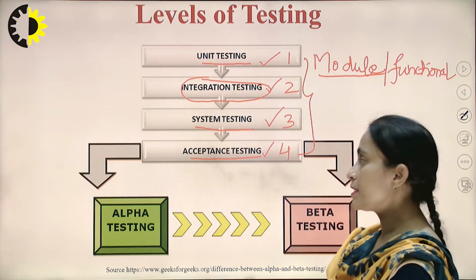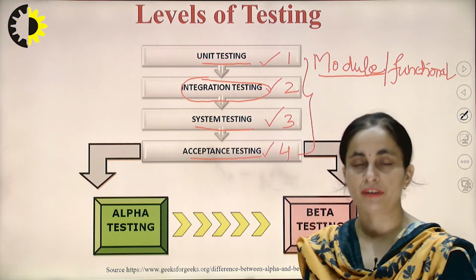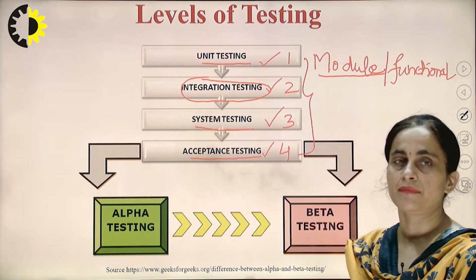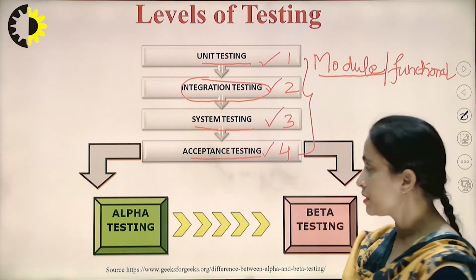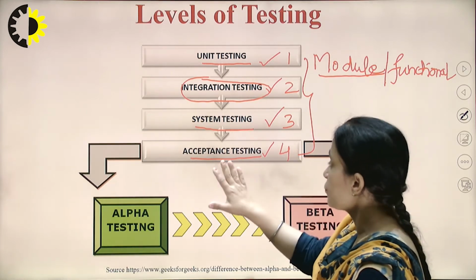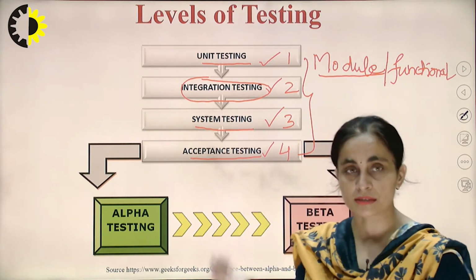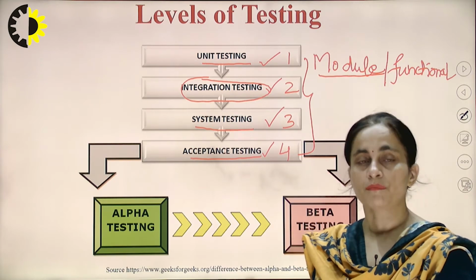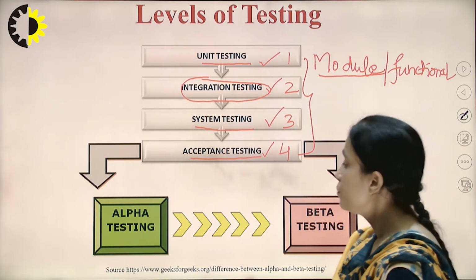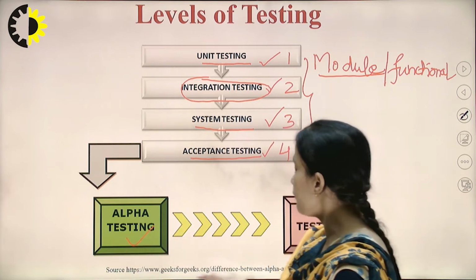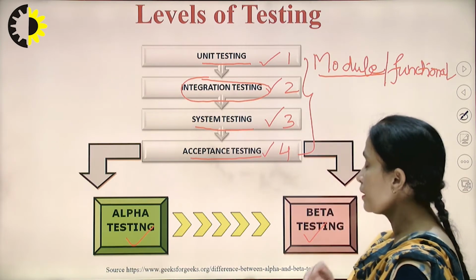Acceptance testing means that whatever the developer has developed in the design phase of SDLC, we check whether it should be accepted by the customer or whether some modifications are required. That can be done either through alpha testing or beta testing.